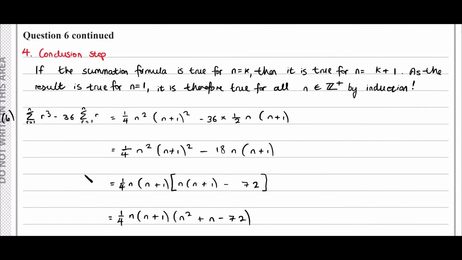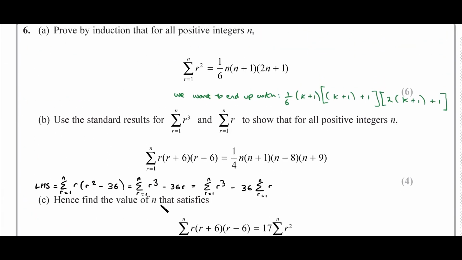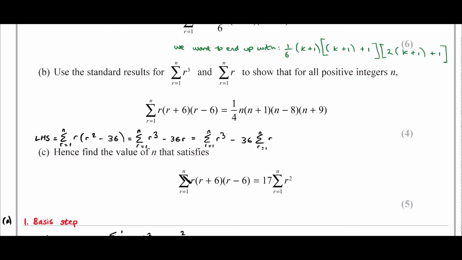For part C, hence find the value of n that satisfies the sum from r equals 1 to n of r lots of r plus 6 lots of r minus 6 equals 17 lots of the sum from r equals 1 to r equals n of r squared.